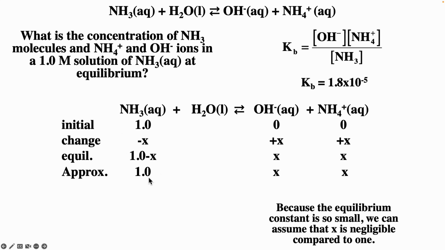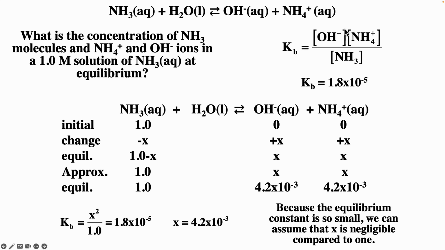And now we can plug these into our equilibrium expression. And so x times x divided by 1, so we have x squared divided by 1 equals 1.8 times 10 to the minus 5. If we take the square root, we get x equals 4.2 times 10 to the minus 3. Now this is really small compared to 1, so our approximation was good.